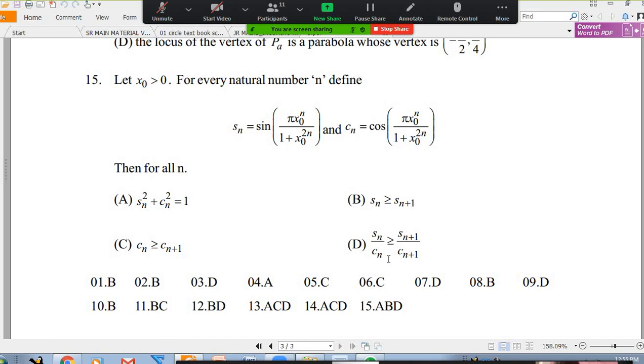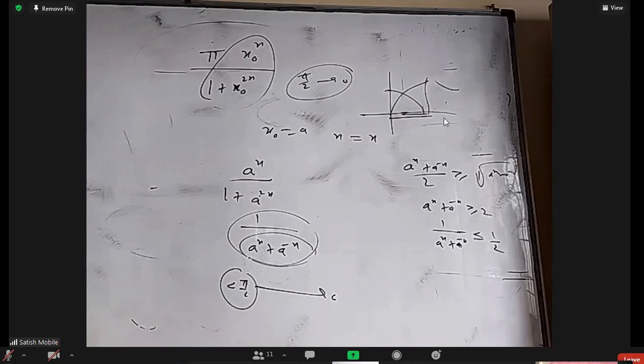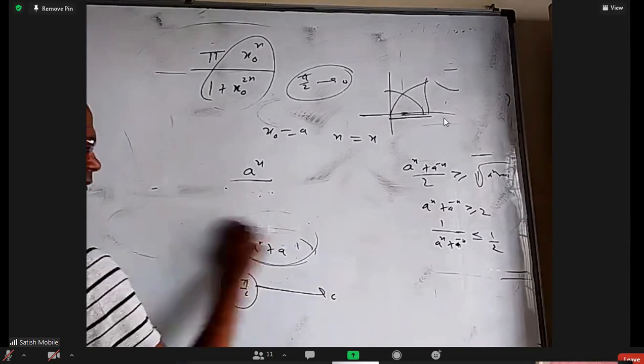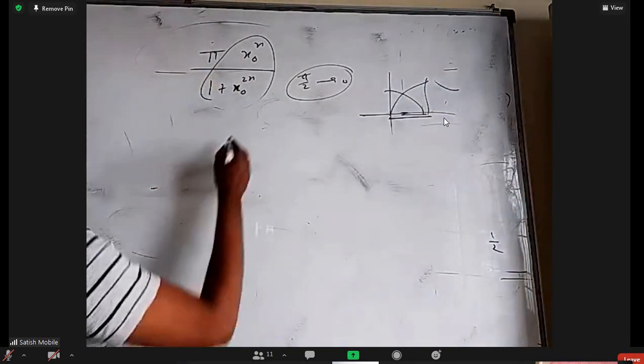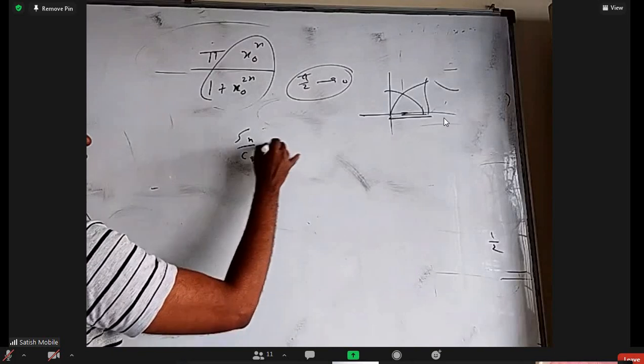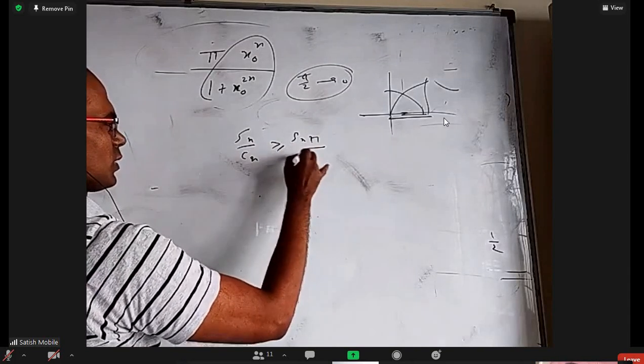Option D, if I do cross manipulation, things are easier, I feel. We wanted Sn by Cn to be greater than or equal to Sn plus 1 by Cn plus 1.